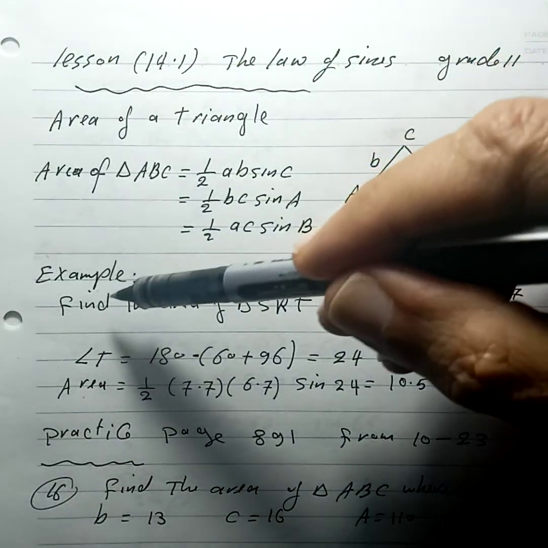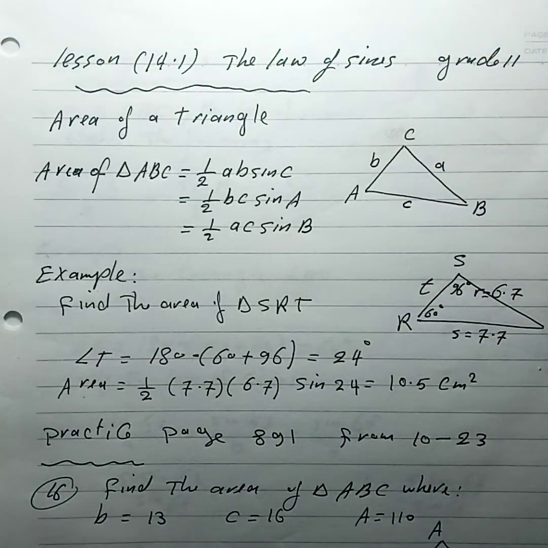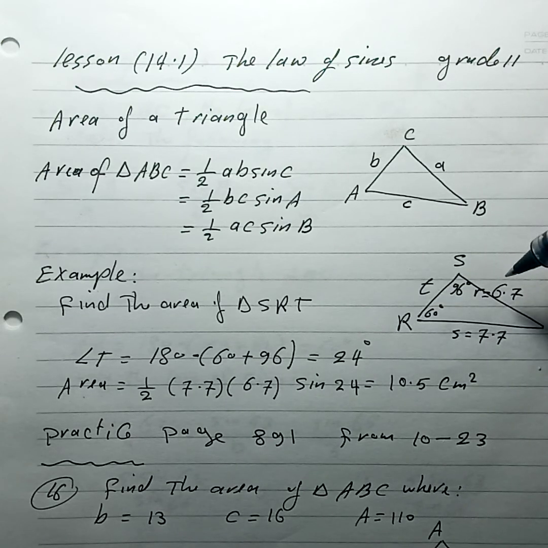Example: find the area of the triangle SRT. We have two angles here, 60 and 96, at S and R, and we have two sides, 7.7 representing s and 6.7 representing r, and we need to get the area of this triangle.